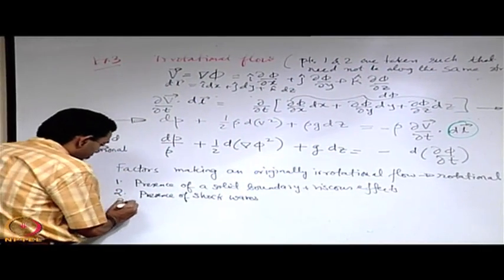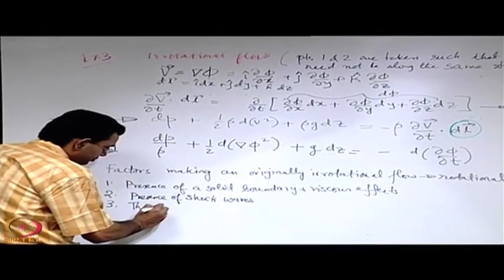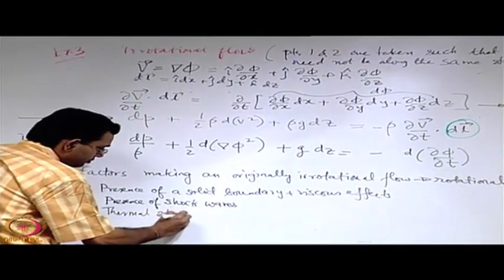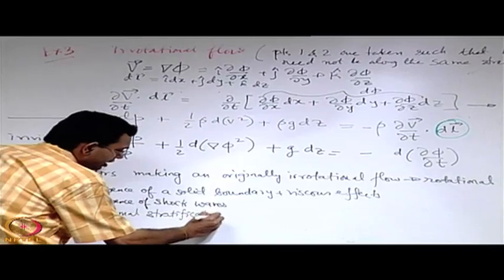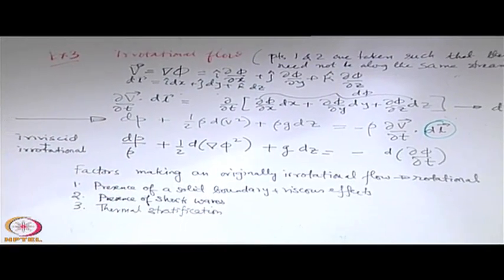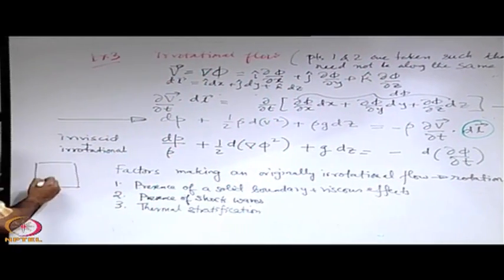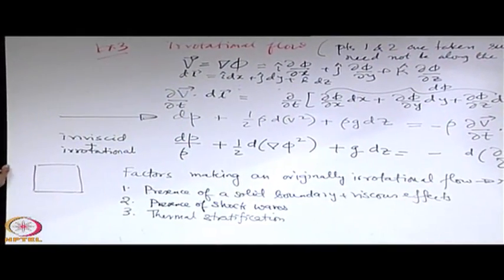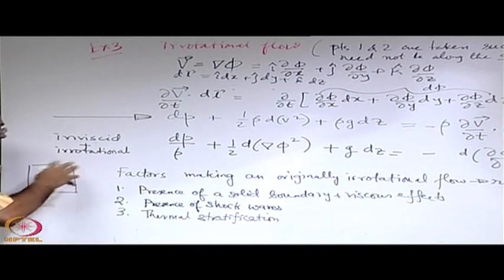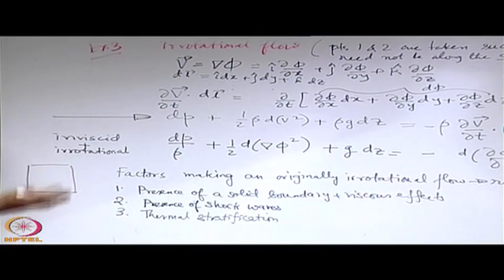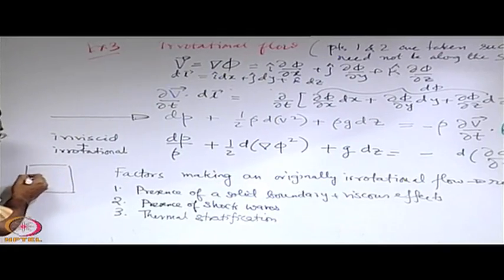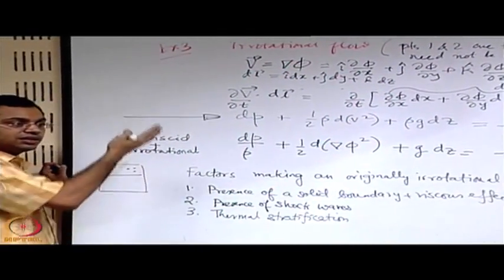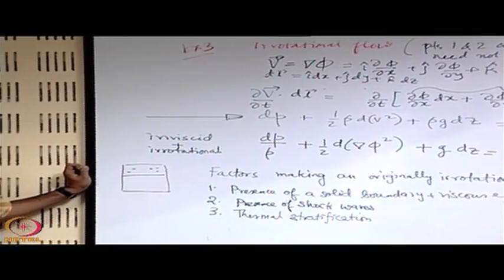Then the third one is thermal stratification. Thermal stratification is like if you have two fluids of different densities, and maybe that is simulated by a case when you have one single fluid, but you are heating it up. Once you are heating it up, the fluid will become lighter, and the lighter fluid will occupy the higher positions just because of the density gradient.